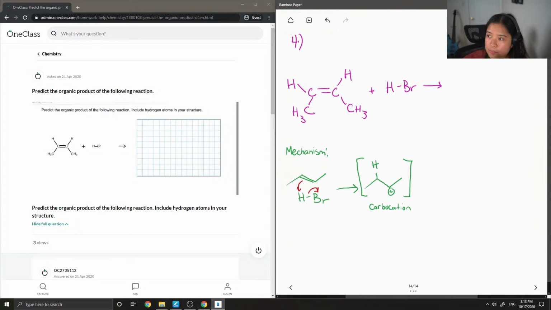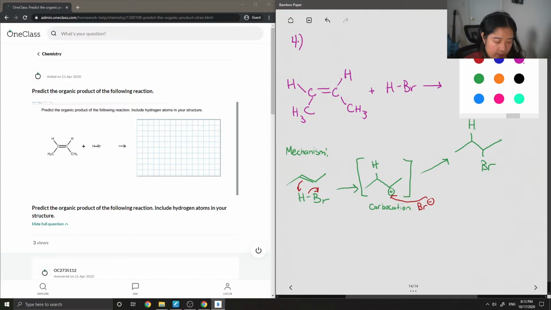But then the Br can come back, since it has a minus charge, and try to neutralize that carbocation. Then we're left with this final product.